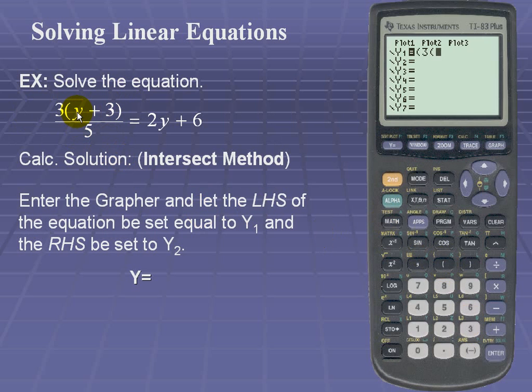I'm not going to use a variable y, I'm going to use the built-in x variable plus 3. I'm going to close off my parenthesis here and my parenthesis for my numerator. And I'm going to divide that by 5, and I'm going to encase 5 in a set of parentheses. For y sub 2, I'm going to put in 2x plus 6.